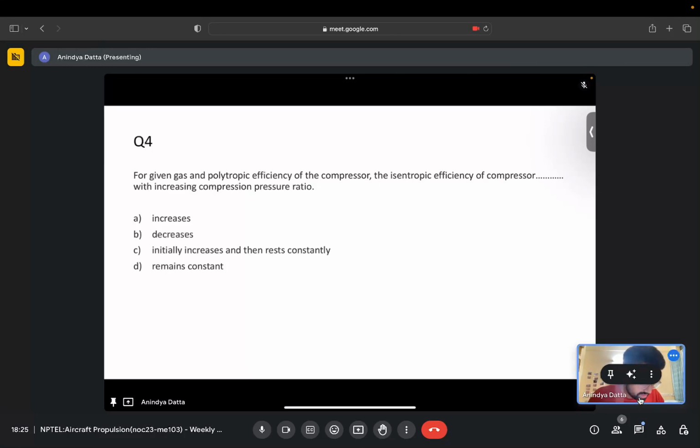Just think over it. Okay, let me just go back and derive this a bit. What we know for the isentropic efficiency of the compressor, that is, if we have P02 to P01, and this is our 01 to 02 prime, and this is our 02.